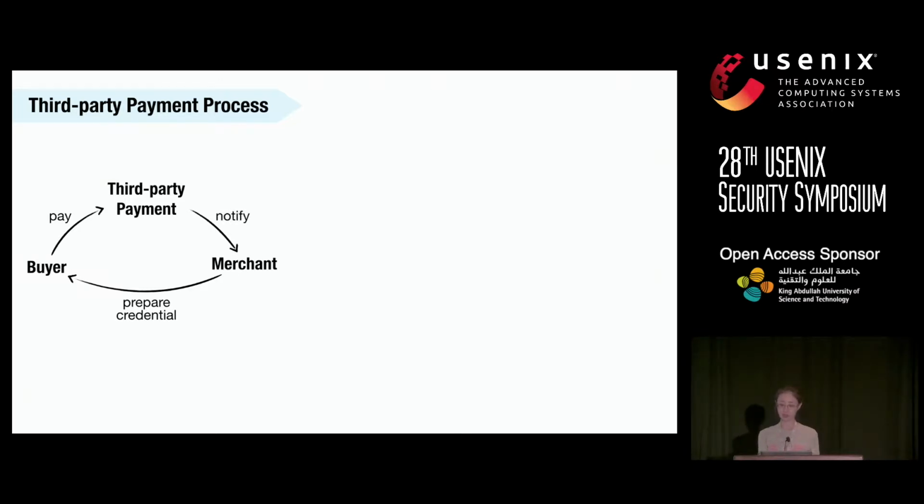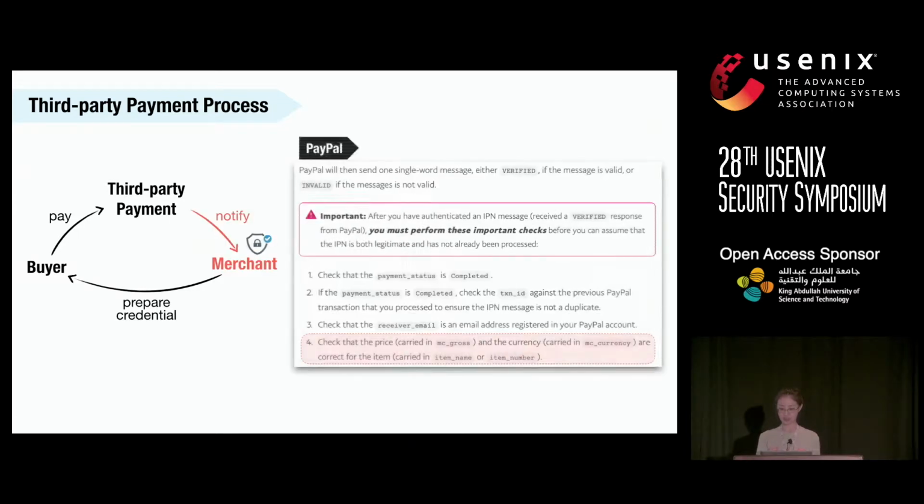To keep the payment process secure, in the third-party payments' documentation, there are some security requirements. They ask merchant developers to do some security checks at a specific status in the payment process, such as PayPal. In its guidance, it says when the merchant developer receives a notification message, they must check whether the payment currency is a correct currency for the item.